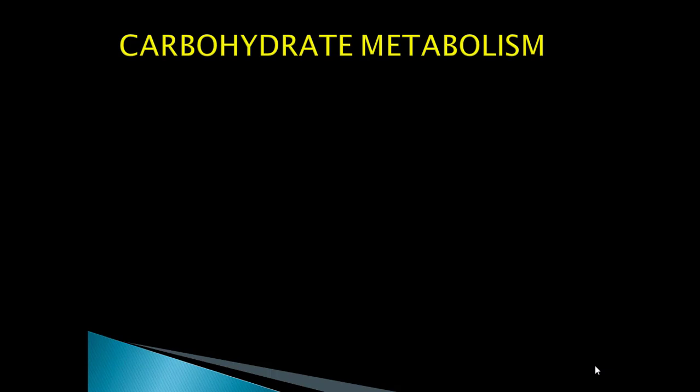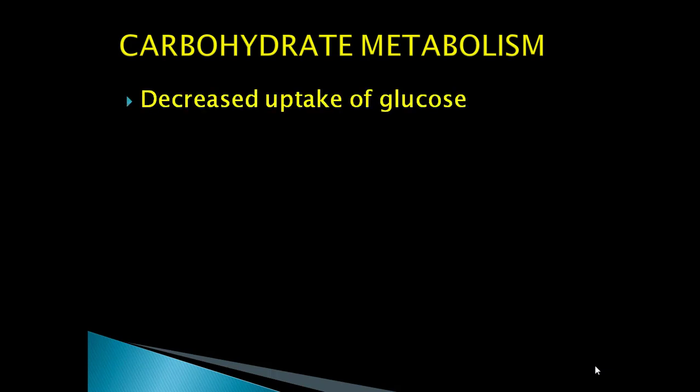So first we will have insight into the derangements in carbohydrate metabolism. Since diabetes is an insulin deficient state or insulin resistant state, the effect of insulin won't be observed. So there is a decreased uptake of glucose into the tissues.